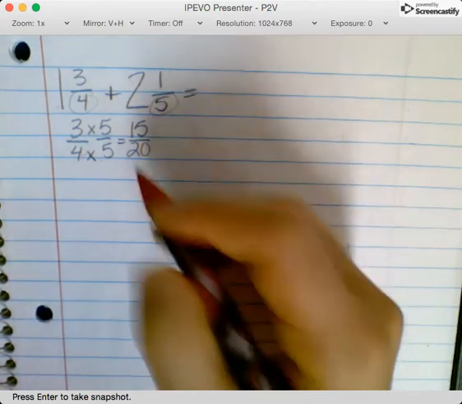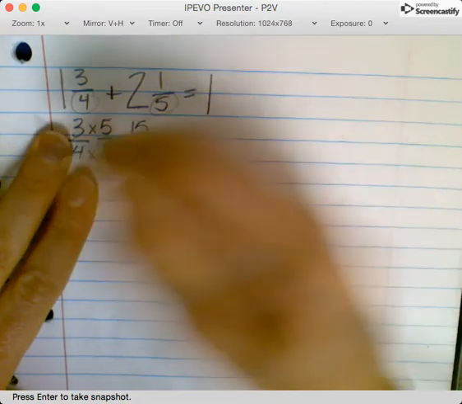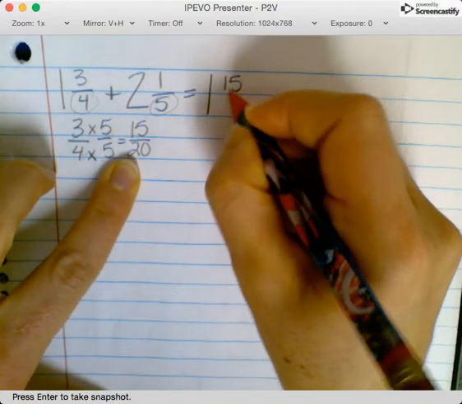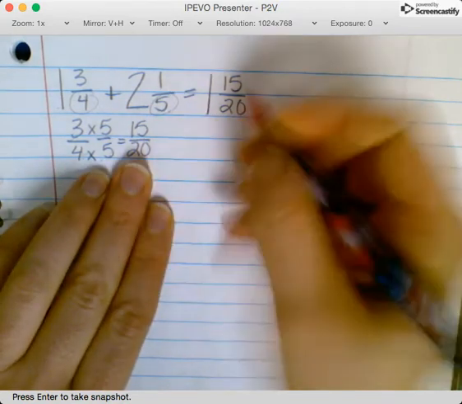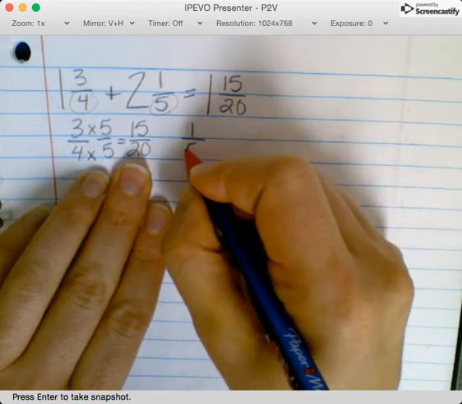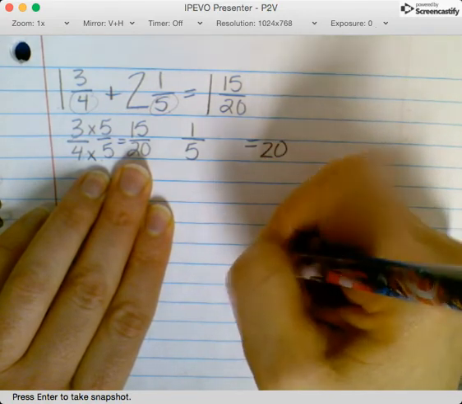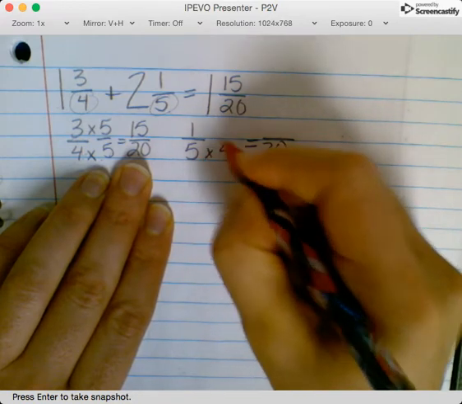Now I'm going to transfer that. So instead of 1 3/4, it's going to be 1 15/20. Now I'm going to look at this one. I have 1/5, and I want to make that into something over 20. So I think, well, how do I get from 5 to 20? I take 5 times 4.